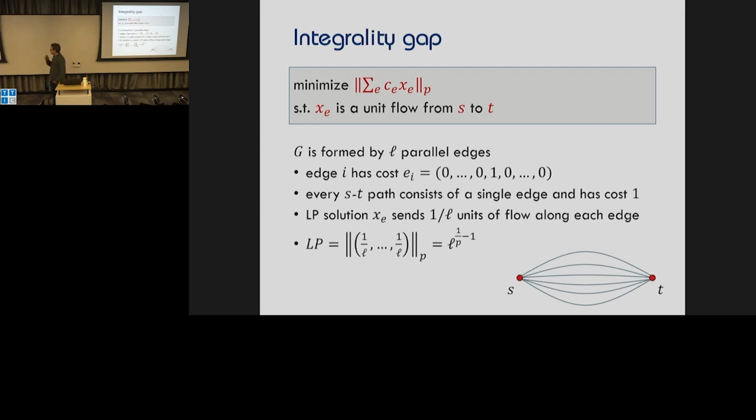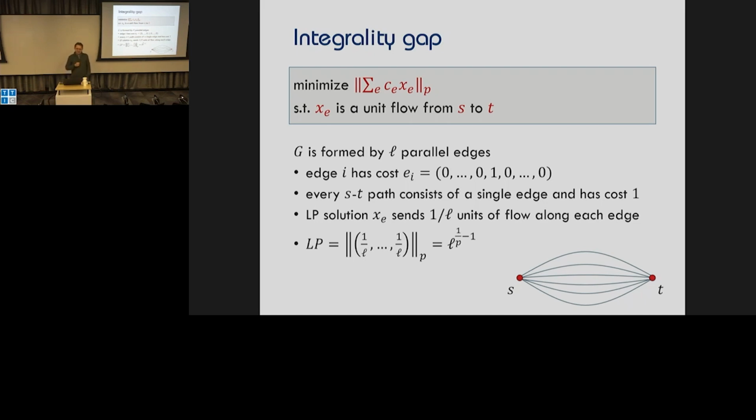What about the optimal value of our relaxation? Well, we can consider a solution that sends 1 over L units of flow along each edge. The cost vector for this solution is simply 1 over L, 1 over L, and so on, 1 over L. We compute the L_p norm of this vector, and we get L to the power of 1 over p minus 1.